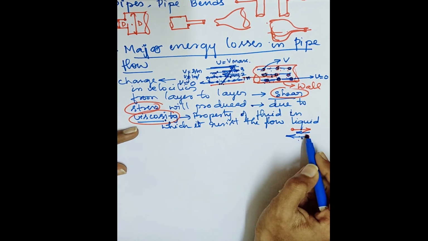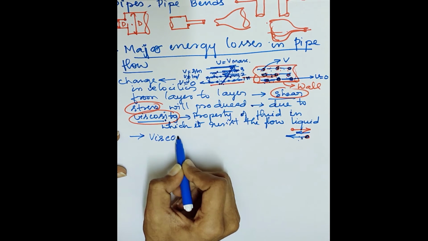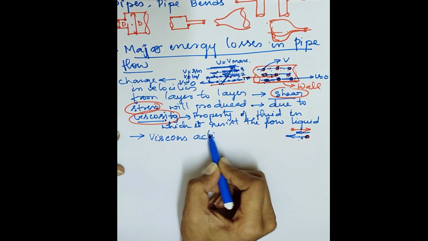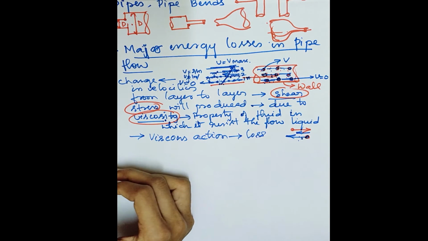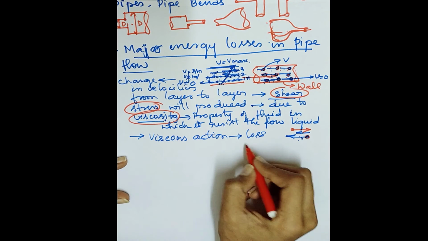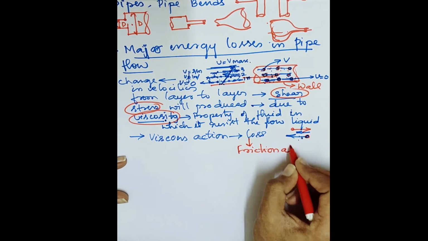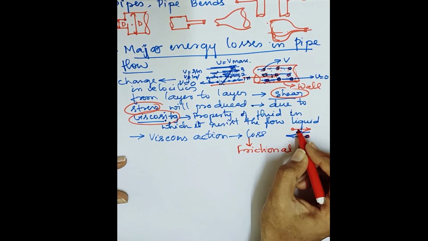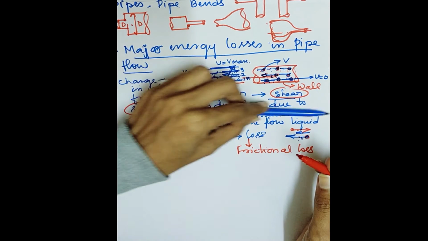Due to that viscous action, what happens? The loss of energy is going to occur. That loss is called the frictional loss. You can see here that from layer to layer there is friction happening.